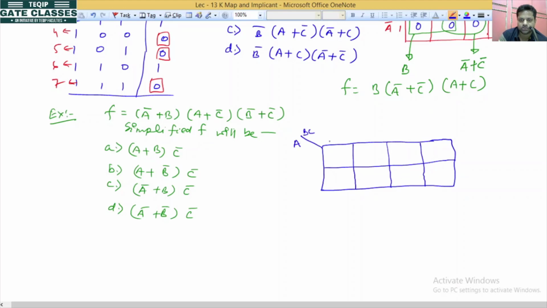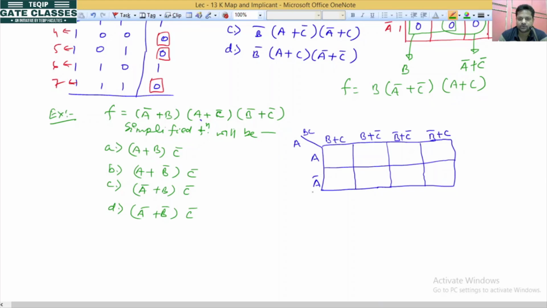It will be A, and this one is BC. So this is B plus C, this one B plus C bar, B bar plus C bar, B bar plus C. This is A bar. Since I am considering the max term K-map, in place of A bar plus B bar we have to put 0.